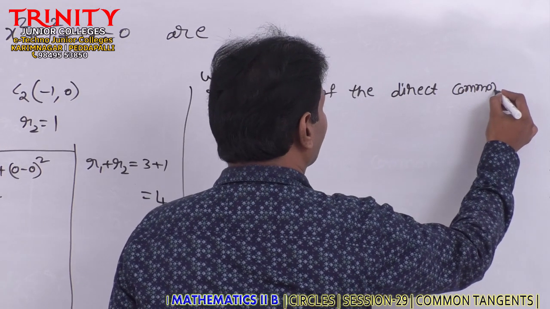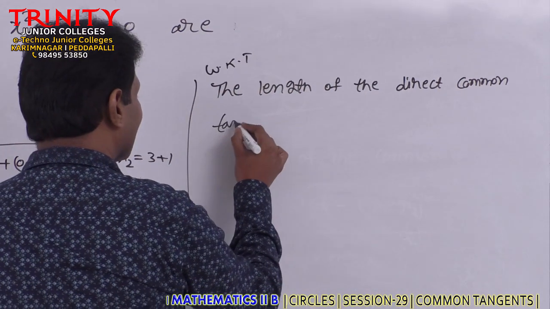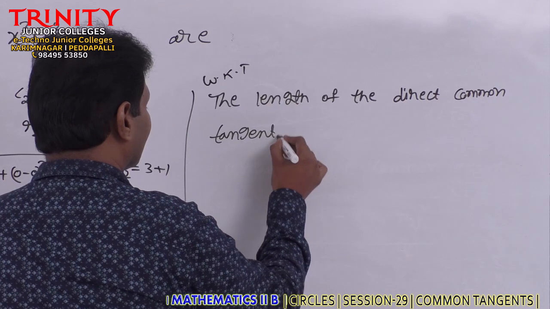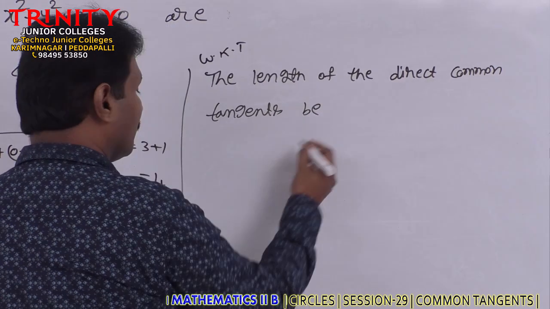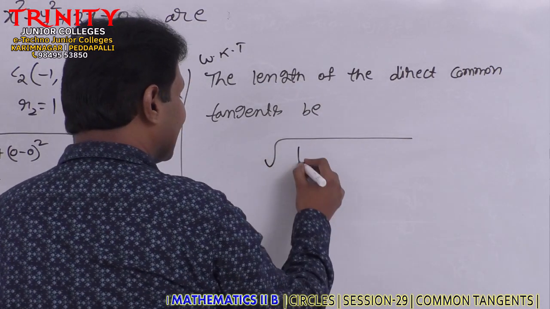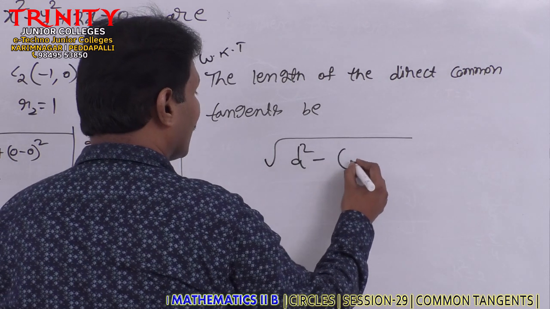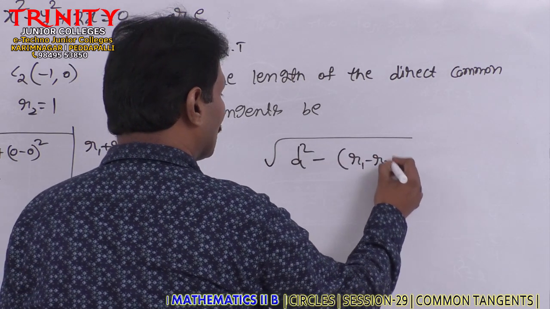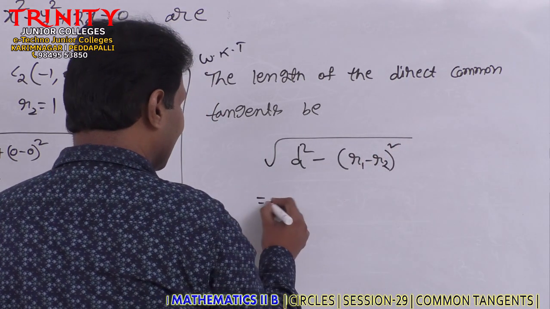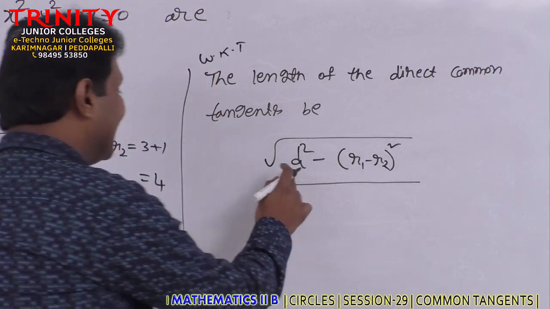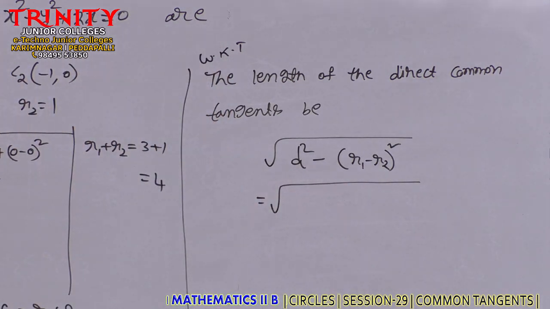The length of the direct common tangents is √(d² − (r1 − r2)²), where d, the distance between the two centers, is 4.